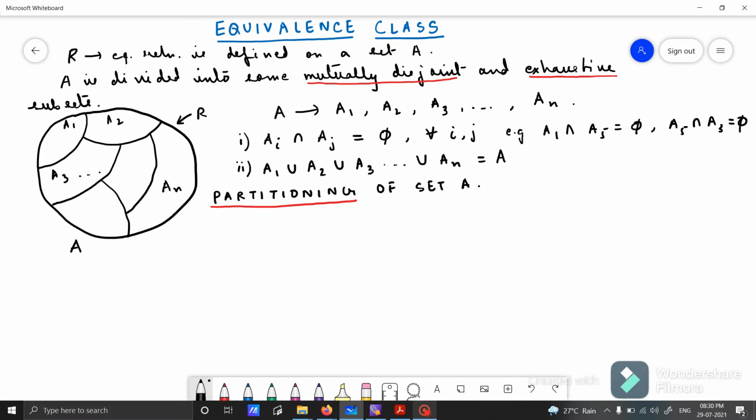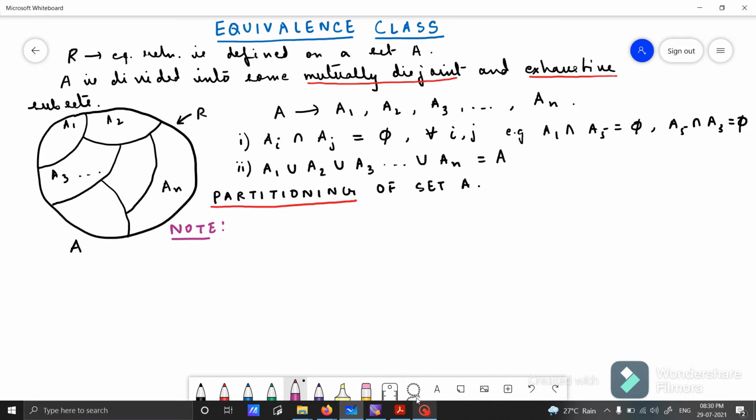Now one important point to note here is how many subsets, how many such compartments will be formed.